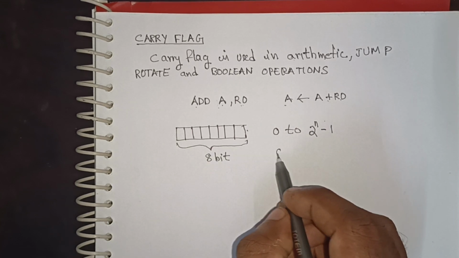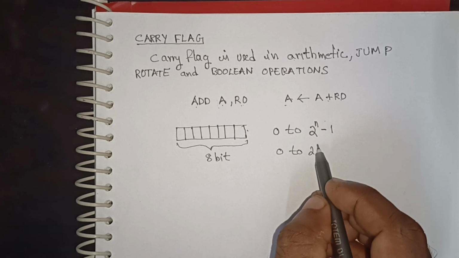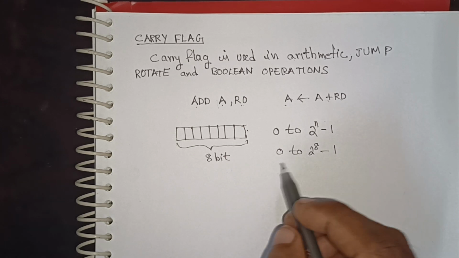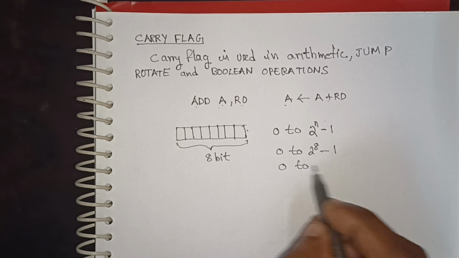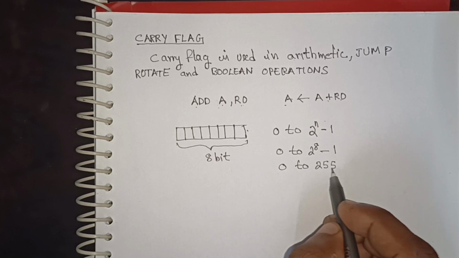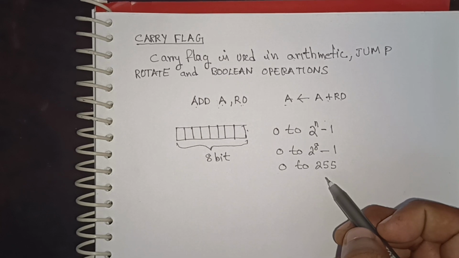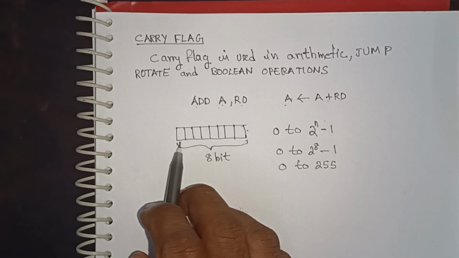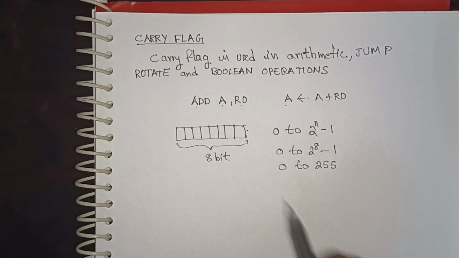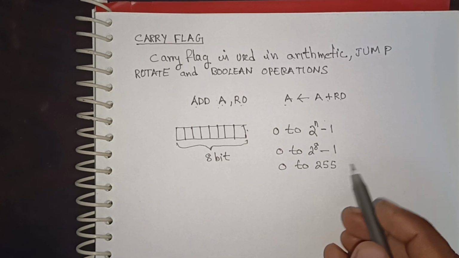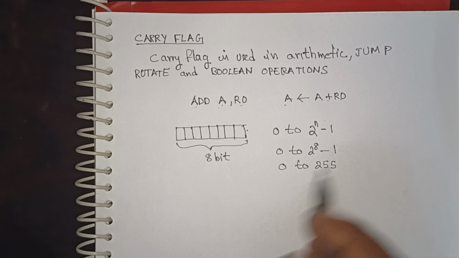So the range is 0 to 2 raised to 8 minus 1, which is nothing but 0 to 255. So 255 is the maximum number we can represent with 8 bits. Anything greater than 255 cannot be represented with 8 bits. So in that case, we need some additional bits.